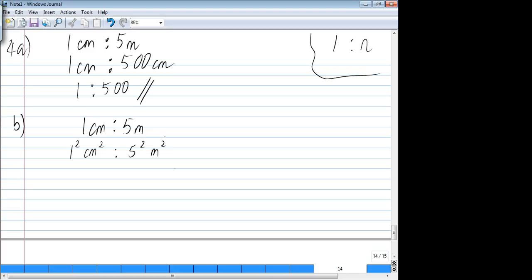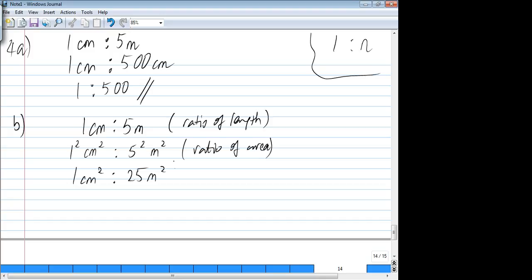Okay, so this is the ratio of the area now. Over here we have the ratio of length, and over here I have the ratio of area. In other words, 1 square centimeter on the map represents 25 square meters in reality.